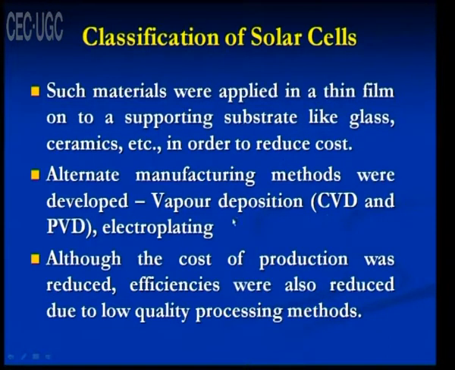For example, vapor deposition methods like CVD and PVD, chemical vapor deposition and physical vapor deposition, and electroplating methods were also developed in order to manufacture such alternate materials. Although the cost of production was reduced during this period, the efficiency was also reduced due to their low quality processing methods.